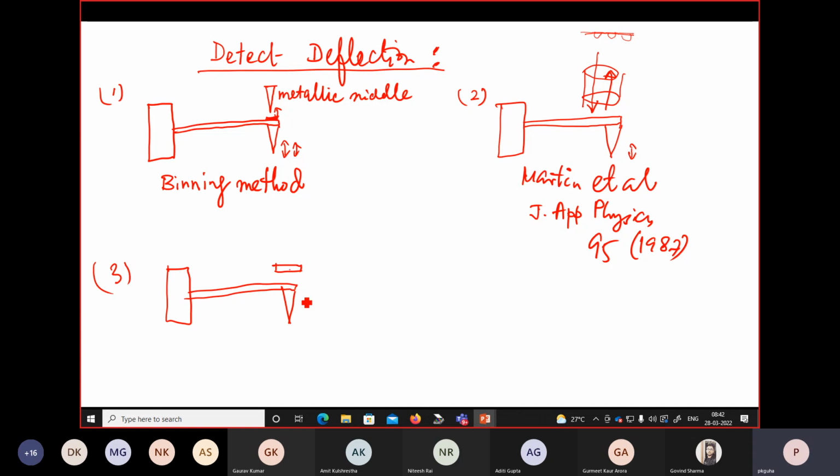This metal is fixed, whereas this probe changes its position because of the van der Waals force between the probe and the surface, and this will change the capacitance. So by measuring the varying capacitance, one can find out the position of the probe, or the change in position of the probe, right?